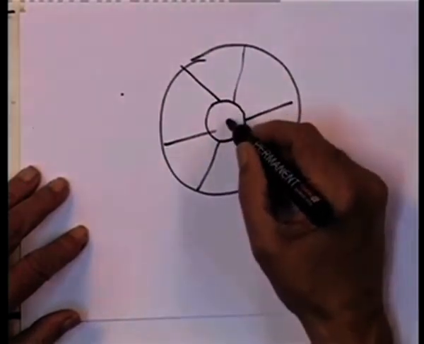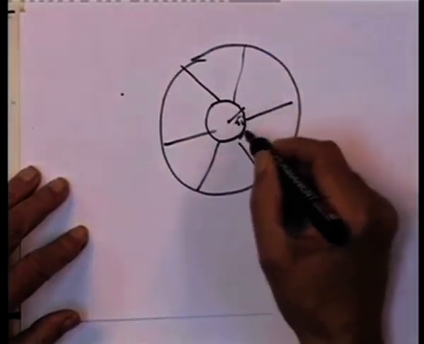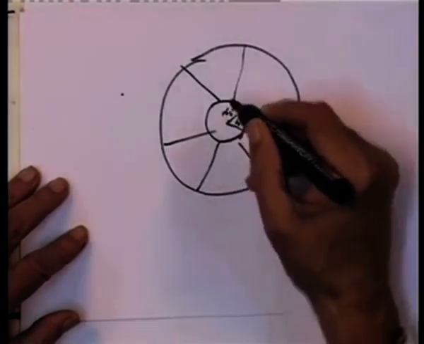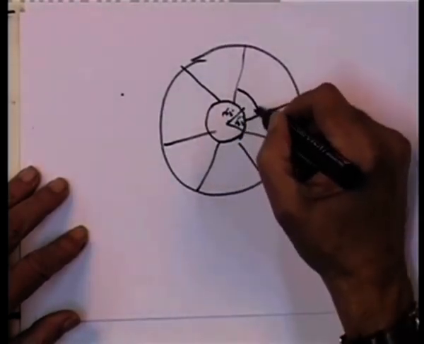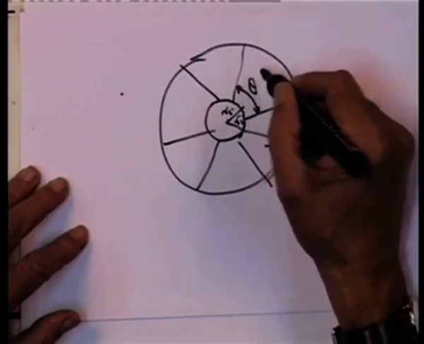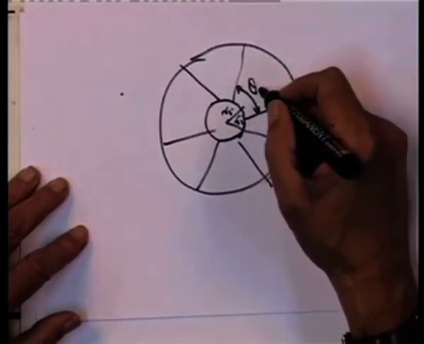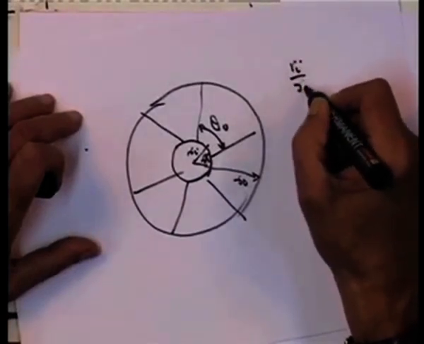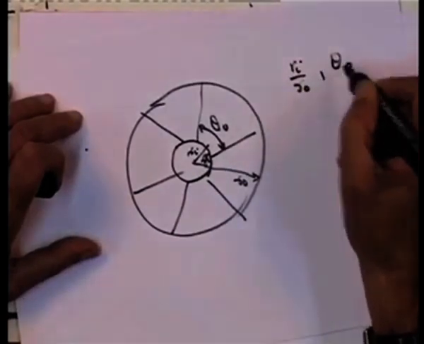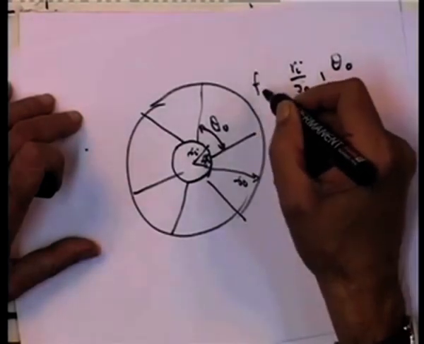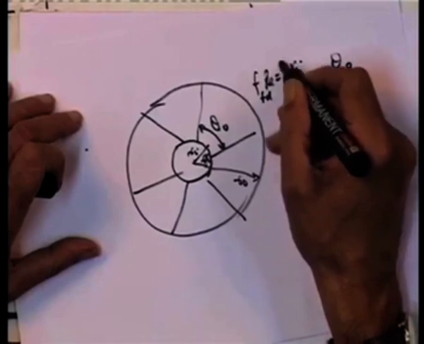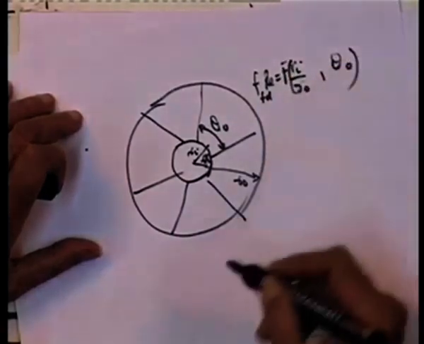This is the inside radius R I, and this is the outside radius R O, and this is the included angle, which I have called here theta naught. So, we have two parameters here, R I by R O and theta naught. We expect friction factor f D into Reynolds number to be a function of both these parameters.